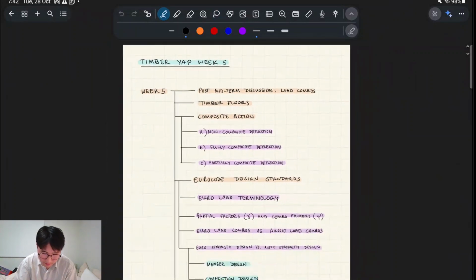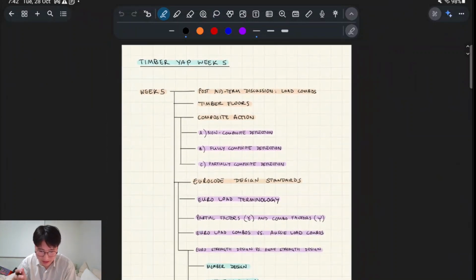Okay, so without further ado, first we're going to start with midterm discussion. So talking a bit about load combos, because I realized I didn't fully cover it properly, and you only really touch on it in 2 core subjects, steels and concrete.